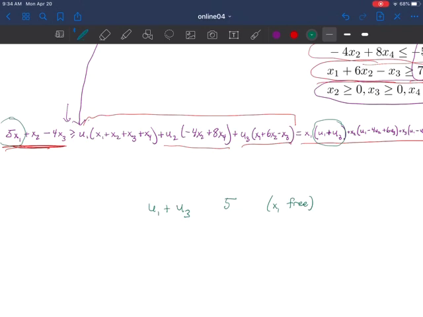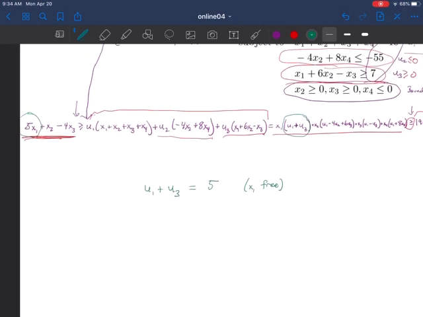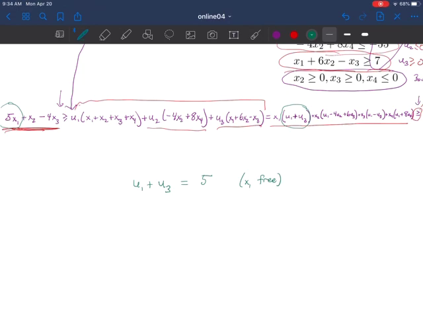Really, I want x1 times that to be greater or equal to 5. And I see that x1 is free. Well, I have to be very restrictive on this. This has to be equal to 5. Because for this to be greater or equal to, if x1 is free, x1 can be negative or positive, which means that the inequality is only true if I keep u1 plus u3 equal to 5.